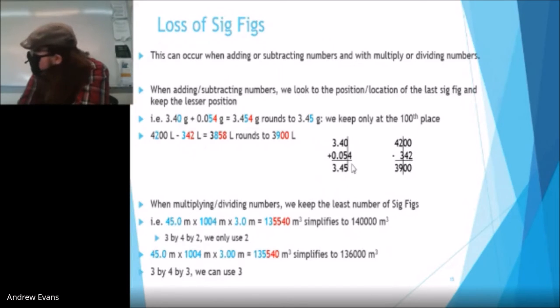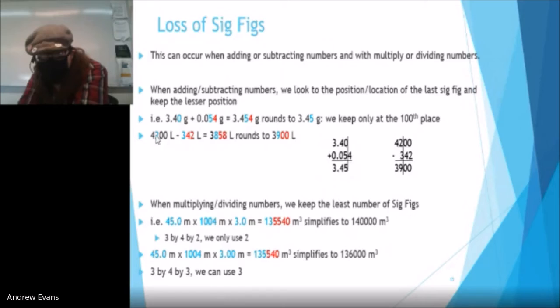If you're adding a question mark to a 4, you add a dash of certainty to uncertainty, you're still left with uncertainty. So you're adding 4 and a question mark. We don't know if that 4 went up or that 4 went down. So we can no longer report accurately what that 4 was. We just say this number either rounds to 3.45 or 3.46. We don't know exactly, but we know it rounds somewhere between 3.45 and 3.46. That's all we can safely report.